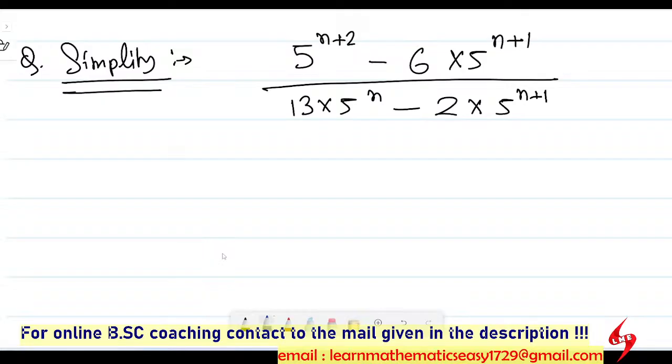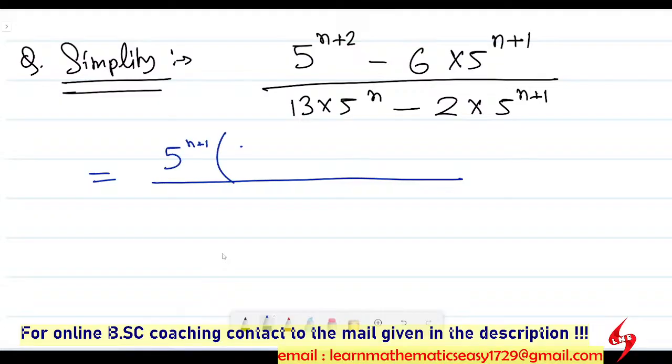So here you can see, as we have done earlier, I will take some common from numerator and denominator as well. So in the numerator, the 5 to the power n plus 1 we can take, because n plus 1 is the least common power here. So here I am taking 5 to the power n plus 1. So that will be 5 to the power n plus 2 minus n plus 1 as well.